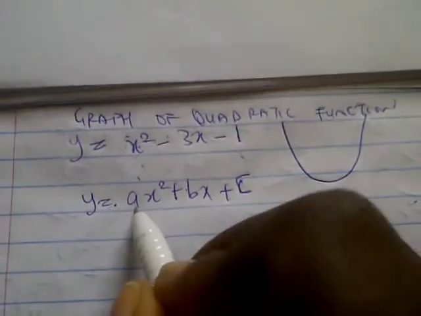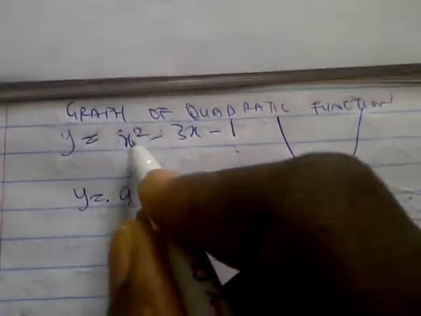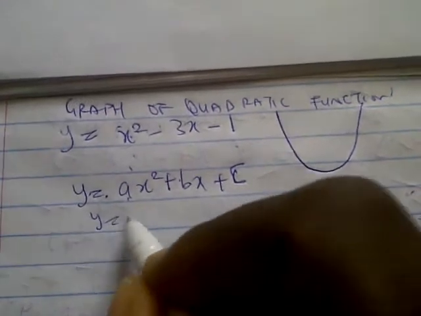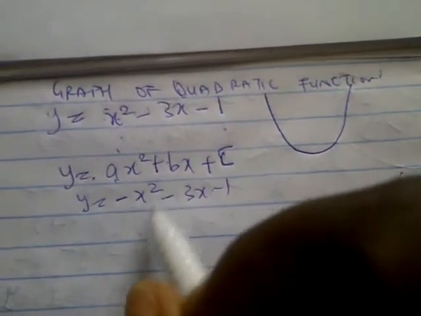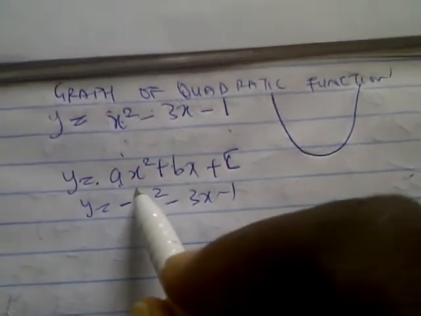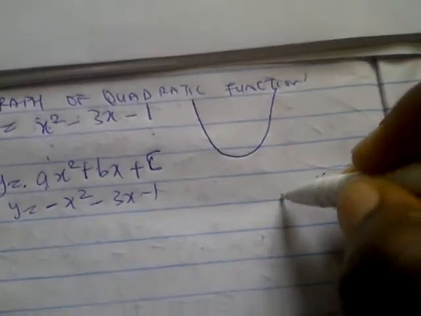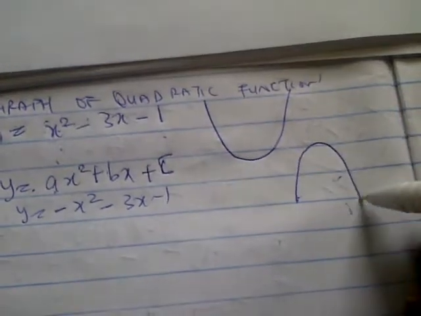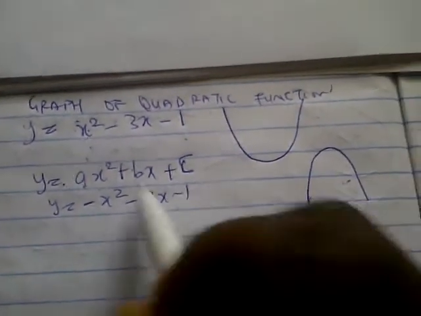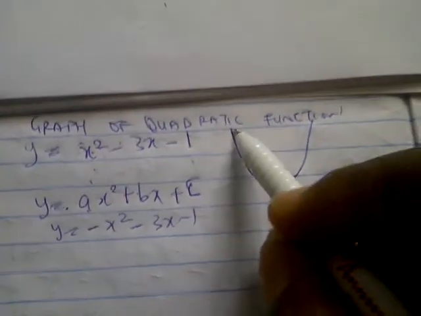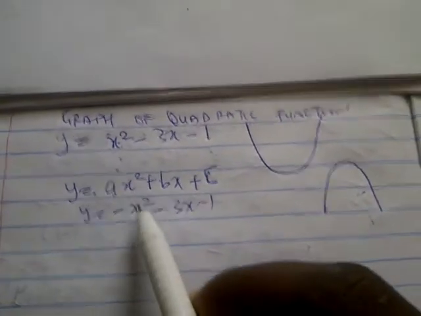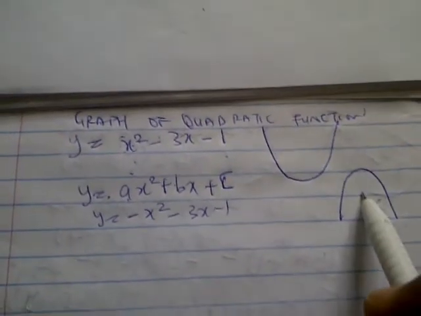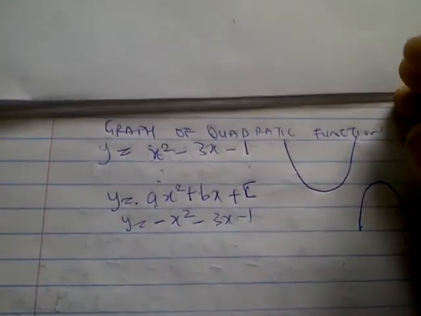Now if a is negative, for example, if you had y equal to minus x squared minus 3x minus 1, once this one is negative, you just know that the parabola will be upside down. But if it's positive like this, you know that it's always up. If the first one is positive, it will be up, but if the first one is negative, it will be down. That's basically the two rules.